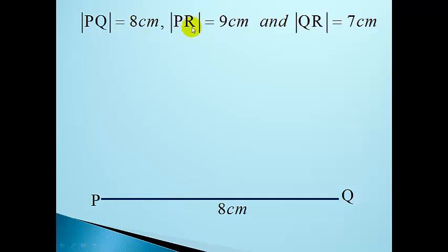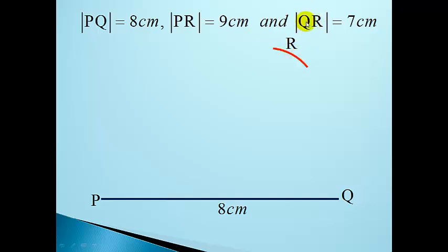So we measure the distance 9 centimeters with the help of our compass on the ruler, and we stand at point P with a measured radius of 9 centimeters and describe the arc as shown.